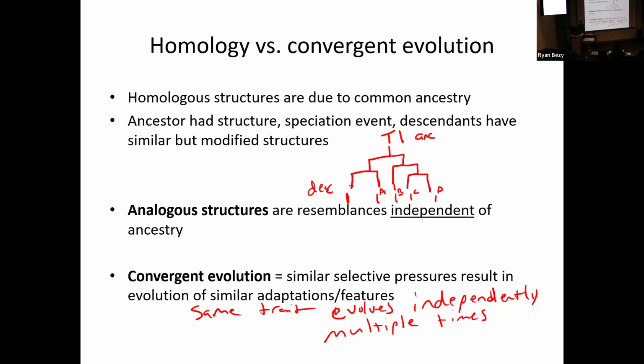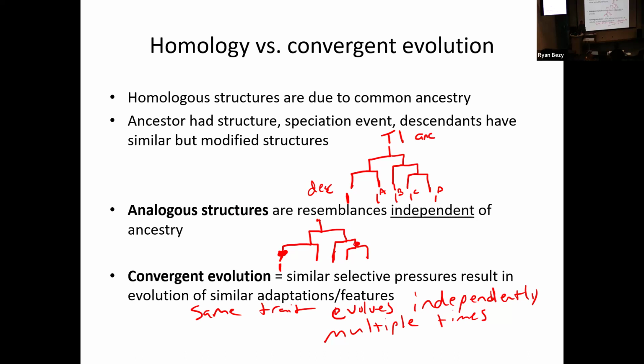In analogous structures, you might go through this tree again. But the idea with something like an analogous structure is that it's a trait similarity not due to shared ancestry. So maybe you have an evolution event here and you get a version of trait number 1.